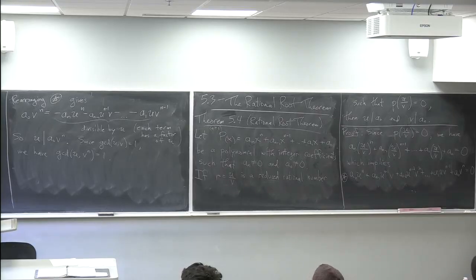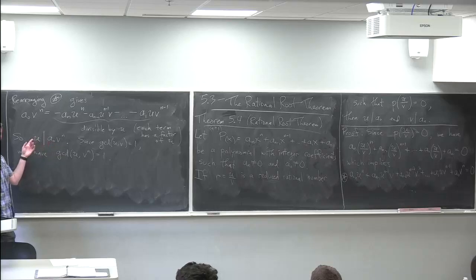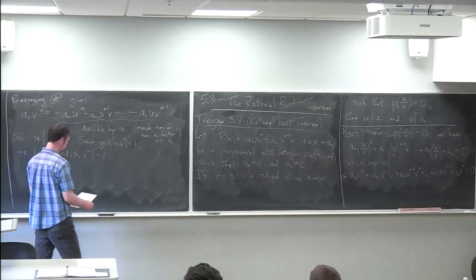But then where we have ourselves is we know u divides a product. Think of it as a product of two things. But the GCD of u with the second factor is 1. So it's supposed to follow that u divides a naught. And that's an old thing we proved in the past. Okay, so it follows.